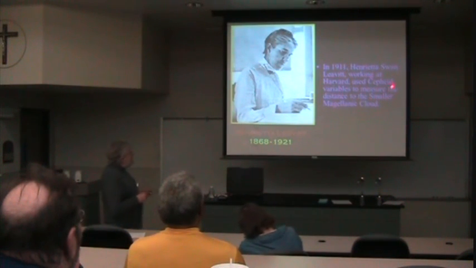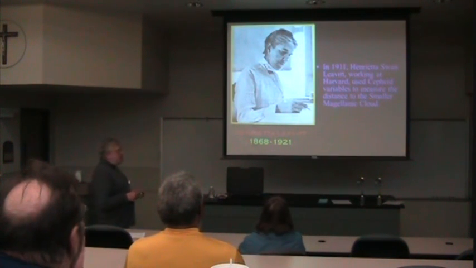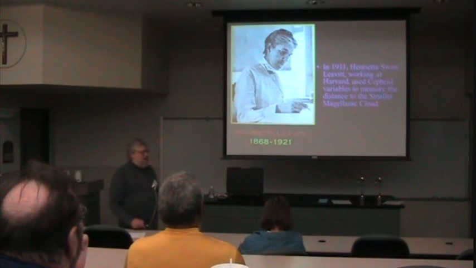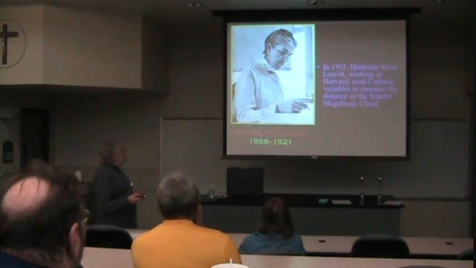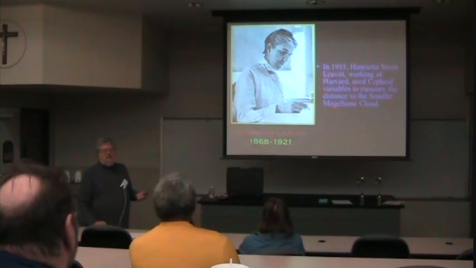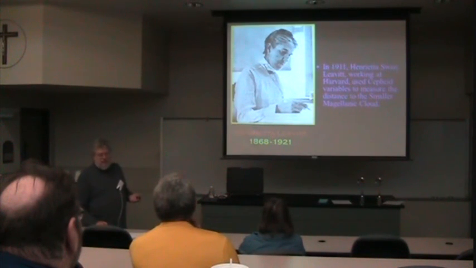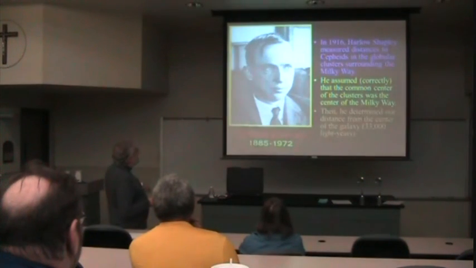She used the Cepheid variables in the Small Magellanic Cloud to determine the relationship between their luminosities and the periods. The only problem is those were type 2 Cepheids, and she didn't realize there were two different kinds at the time.